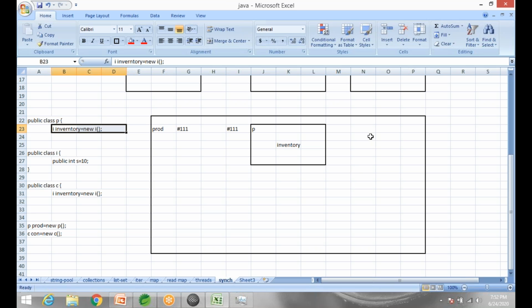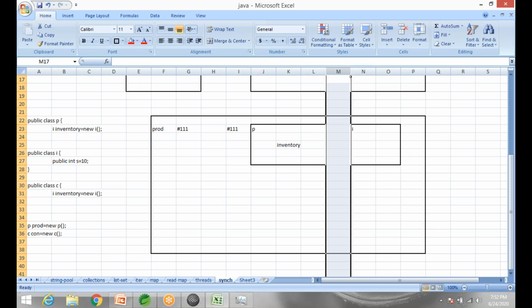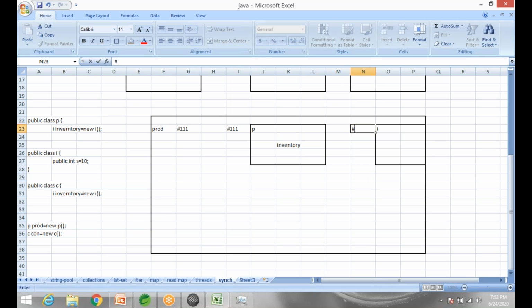A new object inventory is created of the I class, so it is the I class object. Now the I class object is created at location 222.